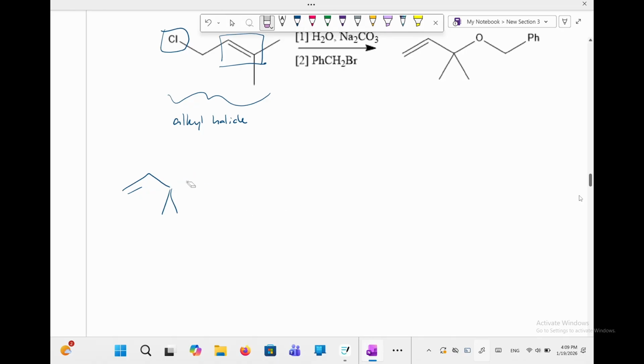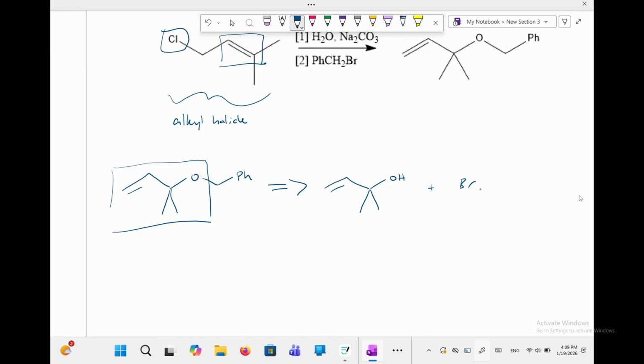If we break this down, this is essentially an ether, and so I'm going to break it down like an ether. I can get this one as my alcohol, and then I can get, let's see, this one as my alkyl halide, and this is exactly that.